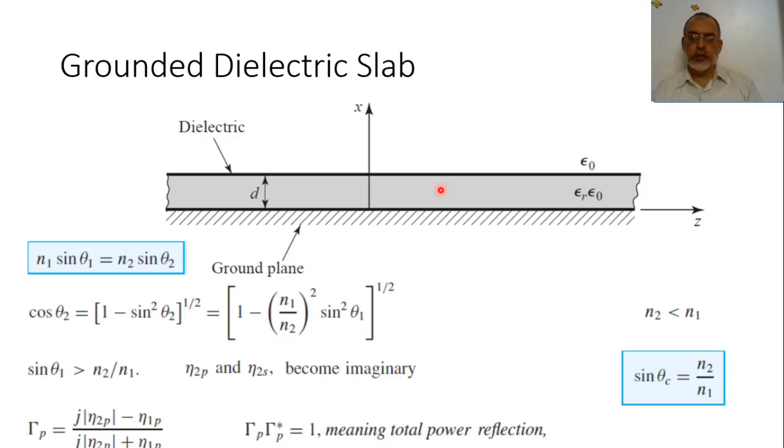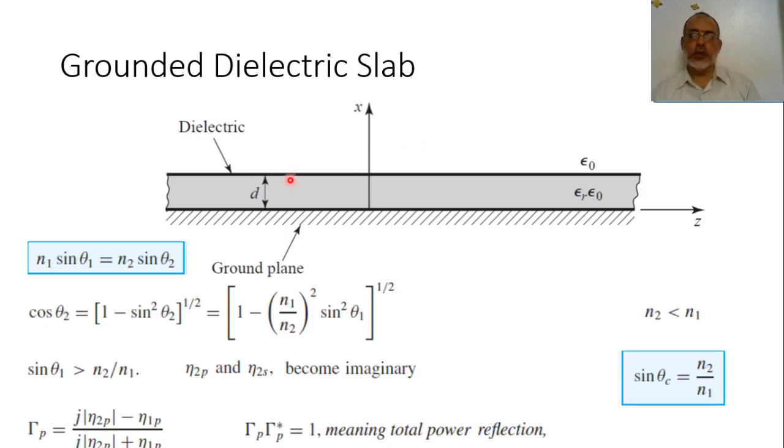We have studied in the book of Engineering Electromagnetics the reflection and transmission from one dielectric material to another dielectric material. And we have said that the relation between the incident angle, theta incident, and the transmitted angle, theta transmitted, is called Snell's law.